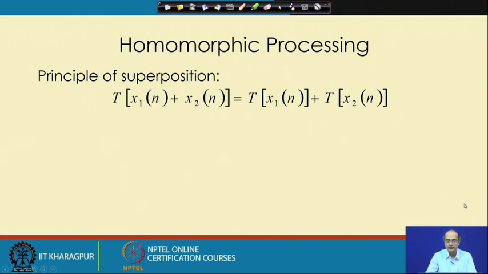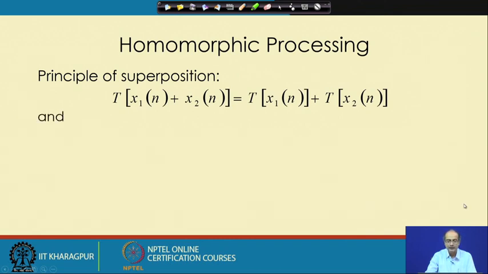The transform of x1 plus x2 would be the same as if we transform x1 and x2 first and then add them up. That is one principle.